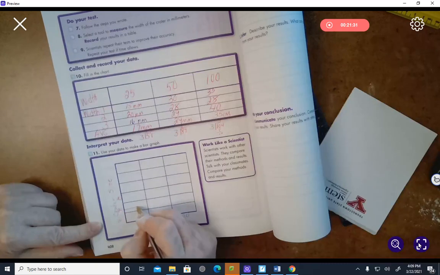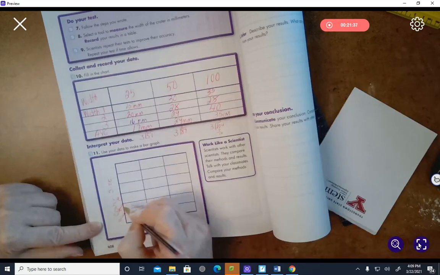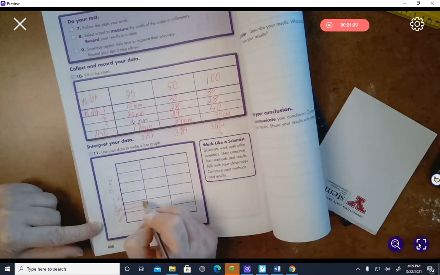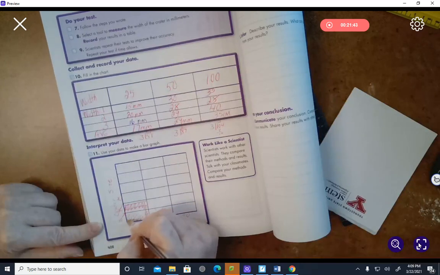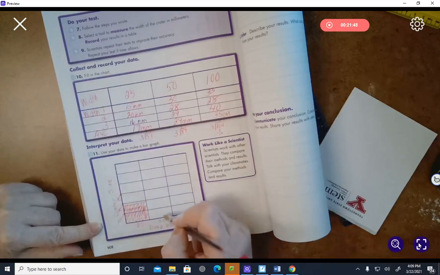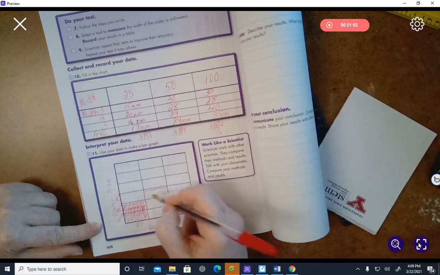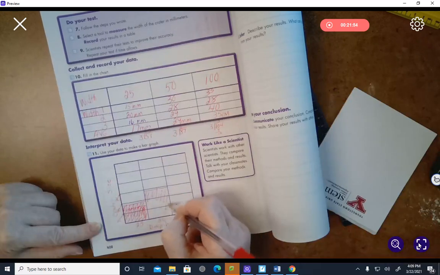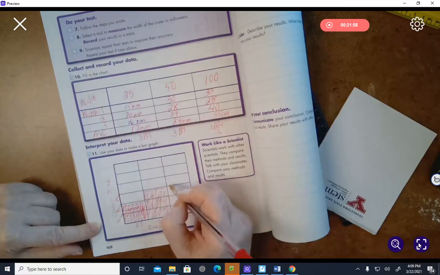I guess if this were 10, I'm doing this wrong, and this were 20, it would be a little bit closer to that. And then 50 was about 29, so that's real close to that. And then 100, it was about 35.